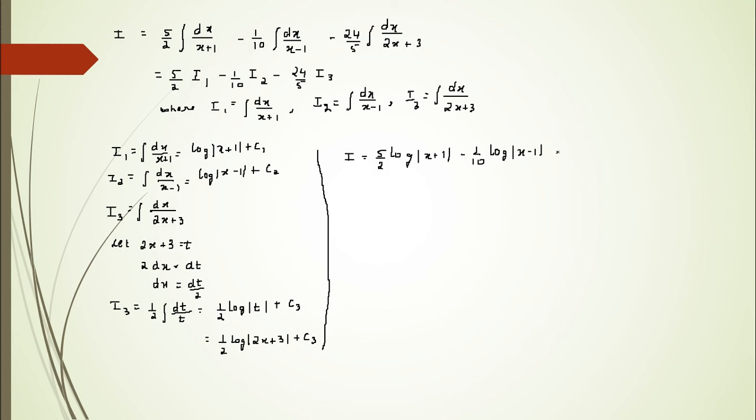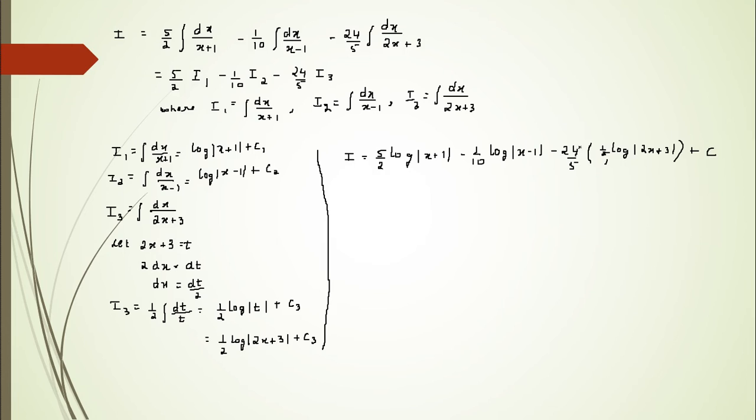And minus 24 by 5, I3 is 1 by 2 log of modulus 2x plus 3 plus C.